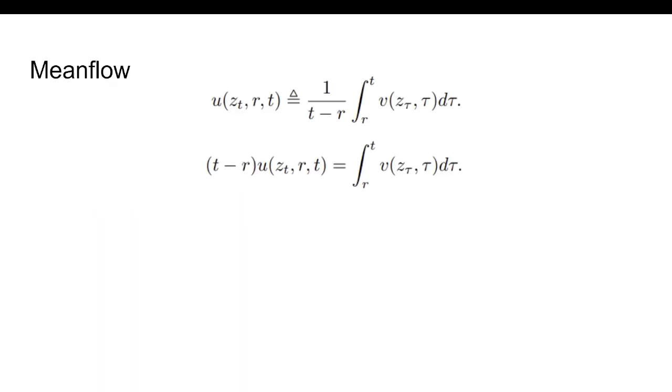The average velocity is defined as the integral of the instantaneous velocity over a time interval, divided by the length of that interval. Next, we multiply both sides by t minus r, and then we take the derivative with respect to t.